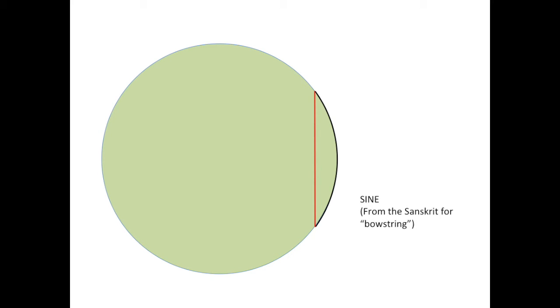Looking at that, you can imagine it being an archer's bow, with the red line being the bowstring. And let's come back to that and put it back where it belongs. In fact, that's where that word ultimately comes from. The word sine comes from the Sanskrit word for bowstring, and you can see that that's what that kind of looks like. Now we only wind up using half of that, but that's where that word comes from, and maybe that'll help you to remember.